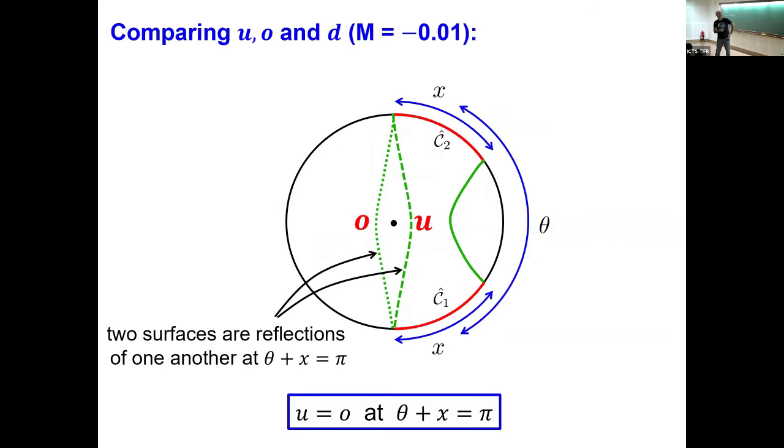And that's simply because I'm at theta plus x equals pi, so the endpoints of this boundary are precisely pi or antipodal on the boundary. And so in the U phase, I've got an extremal surface that goes around to the right of the defect. The O goes to the left, but they're precisely reflections of one another around the vertical through the middle of the diagram. And so the two entanglement entropies are identical at that particular point.